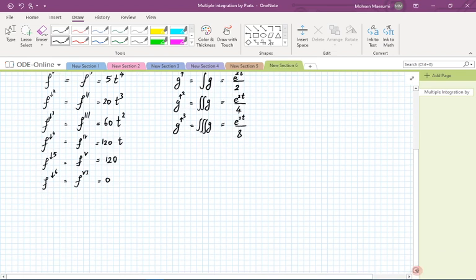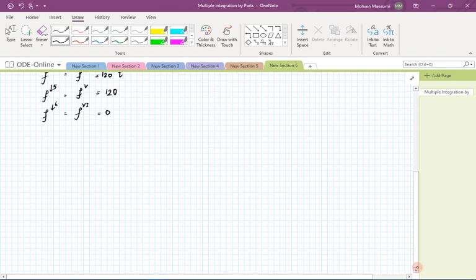Let me go ahead and remind you of the integration by parts problem. If I have an integral of a function times another function, again I drop the differential just so that we have a formula that is brief.